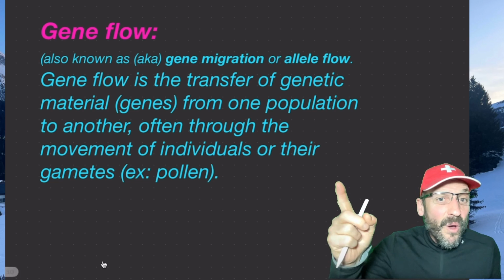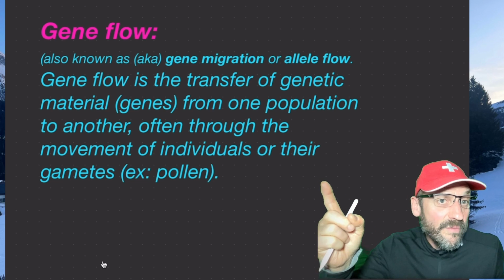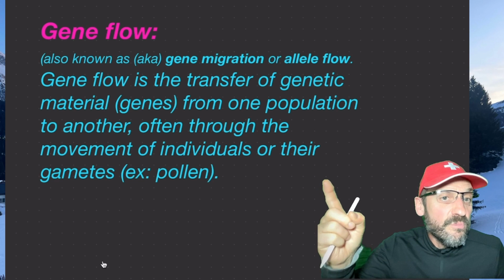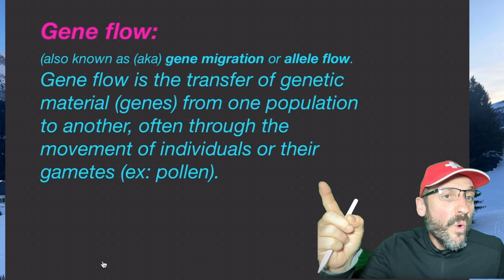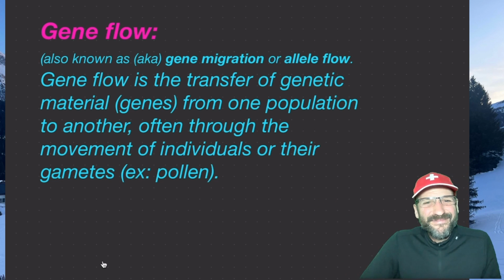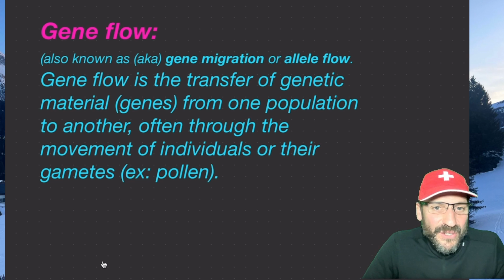So gene flow, which we also know as gene migration or allele flow, is the transfer of genetic material from one population to another, often through the movement of individuals or their gametes. For example, here we've got pollen. And then next, we'll talk about evidence of evolution.